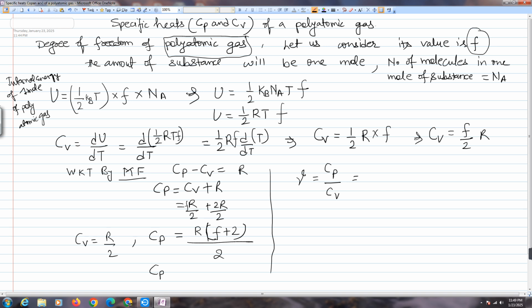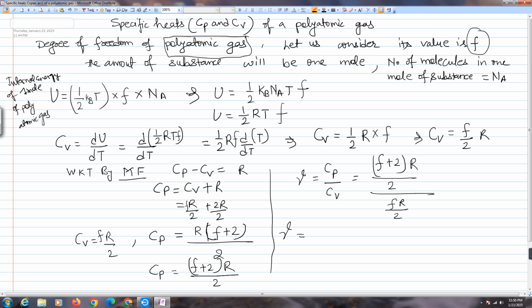So this is the value of Cp: F plus 2 multiplied by R divided by 2. So gamma can be written as F plus 2 multiplied by R divided by 2 and divided by Cv. Cv is how much? The value of Cv is FR by 2.